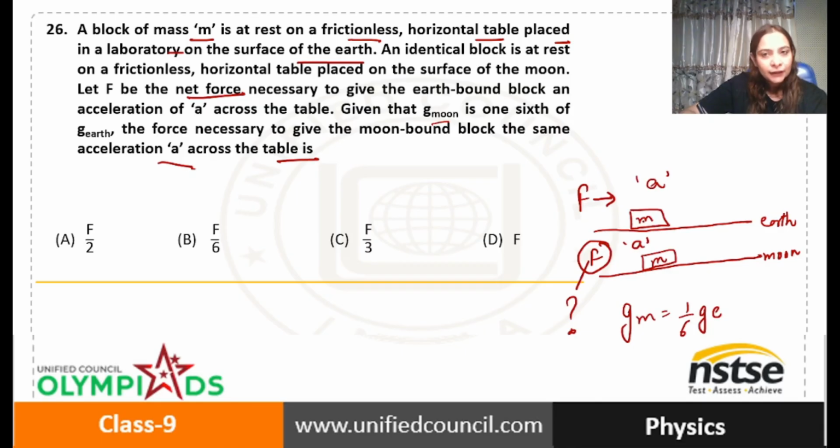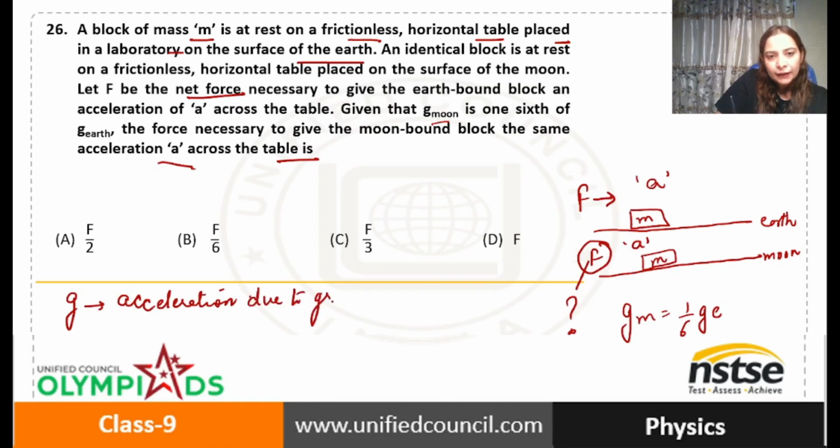Now we know that g means acceleration due to gravity, and it is the same on the surface of a particular planet. On the earth, it comes out to be 9.8 meter per second square.